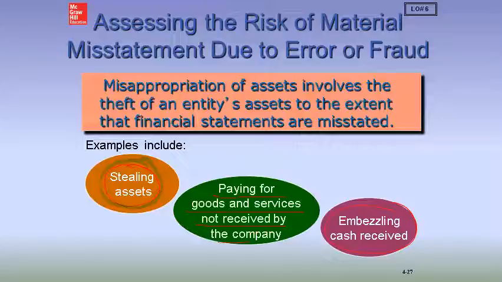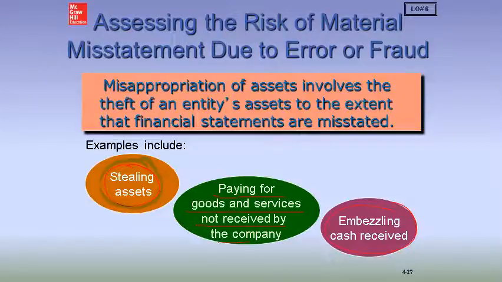All of these are misappropriation of assets. So misstatement of financial statements and misappropriation of assets are the two types of fraud that we're looking for, and those are what we consider on a financial statement audit when we consider fraud.